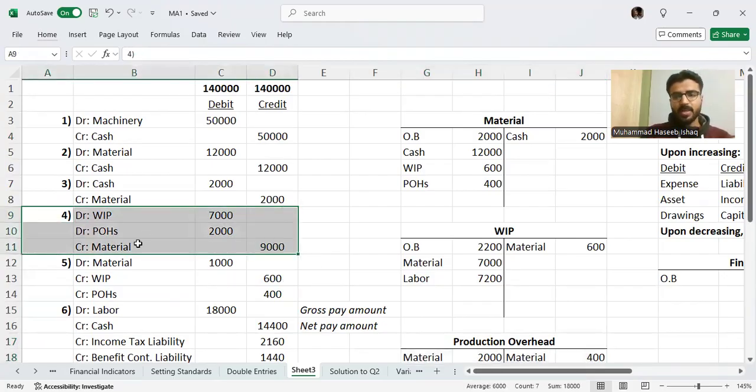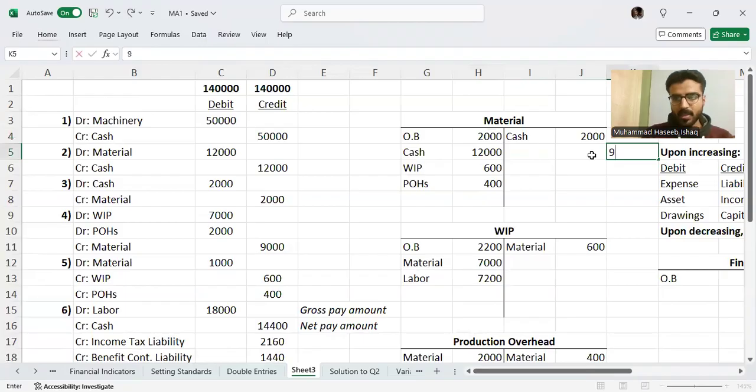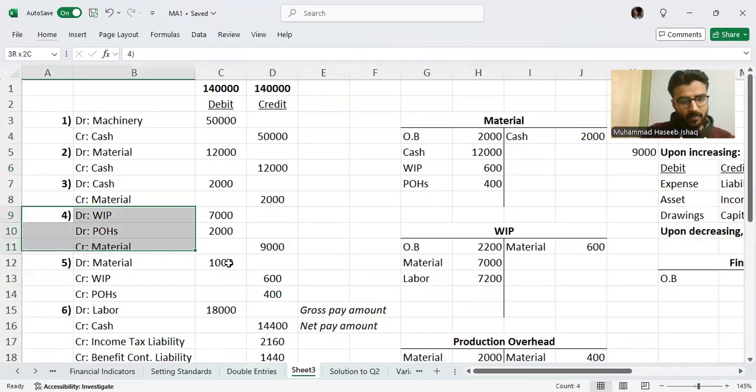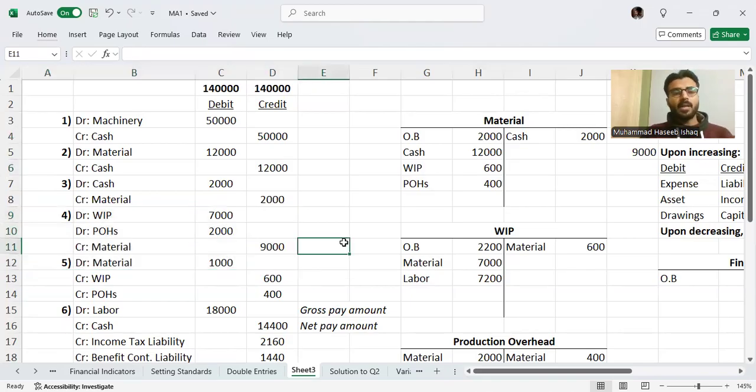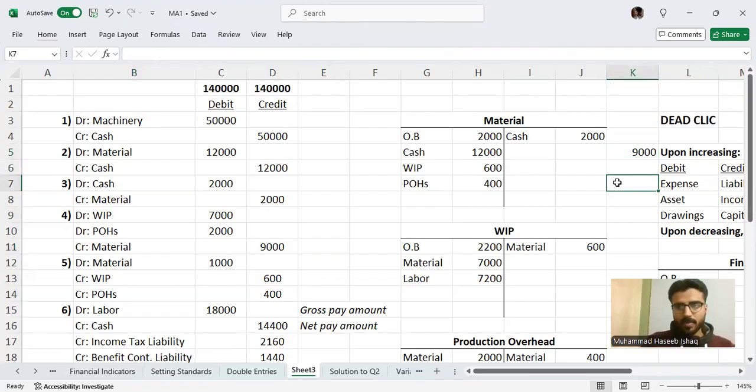So material account is being credited by the amount of 9,000, right? In the fourth transaction, the material account is being credited by $9,000. So we have to write the name of the opposite account.